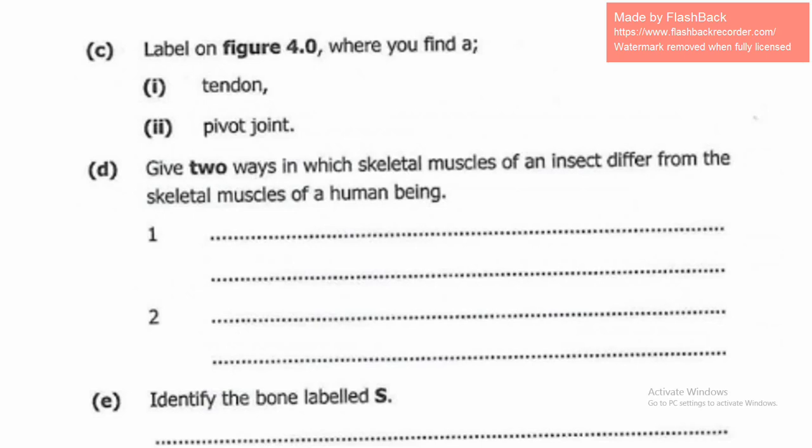So this is the difference. In most cases, I've given this question to students and they misquote the functions of a ligament as that of a tendon. So a ligament connects a bone to a bone, and its main function is that it prevents dislocation, while a tendon connects a bone to a muscle, and its main function is that it converts contraction into movement.